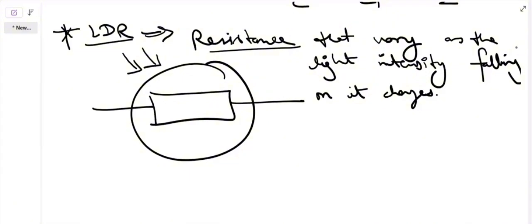Do you know what is light gate? One second. No, ma'am. I haven't heard the term like light gate. Okay, so the light gate includes the LDR topic. Let me show you the light gate also.